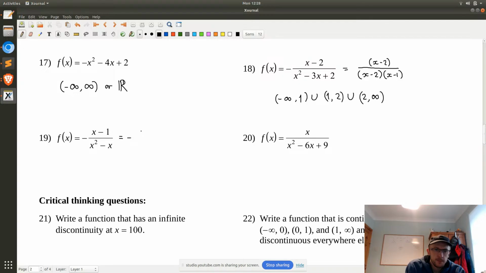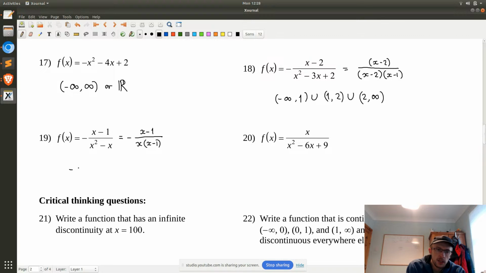Factorizable. x - 1 in the numerator, x times x - 1 in the denominator. Mimicking the hyperbola. Entire function undefined for x equals 0 and 1.